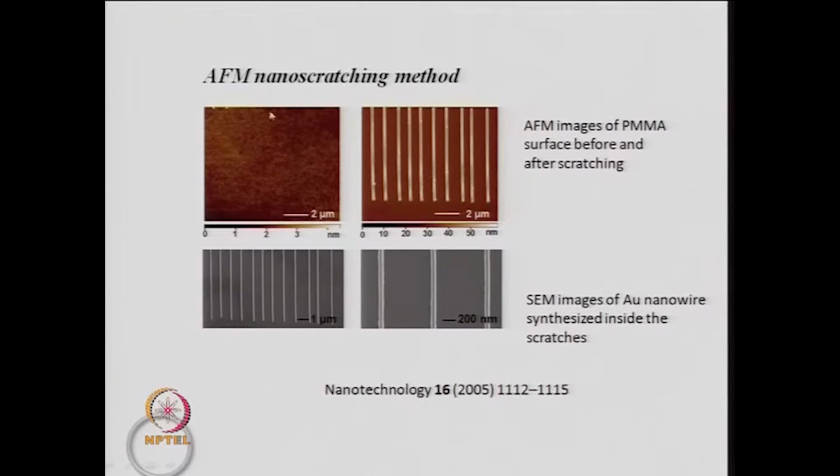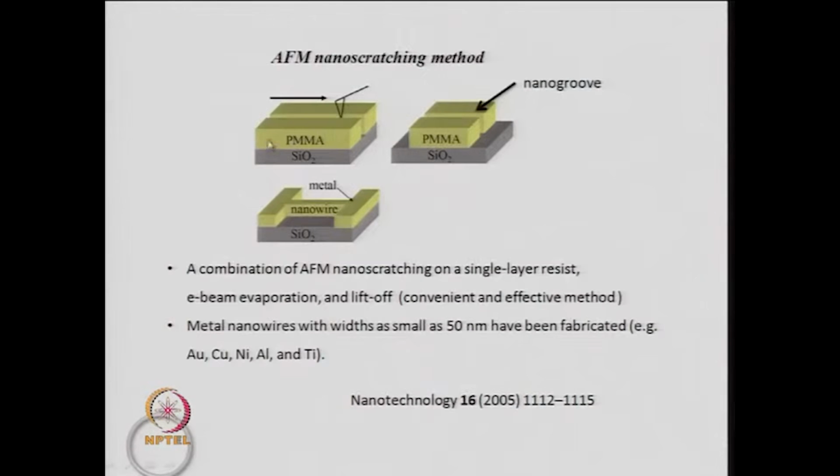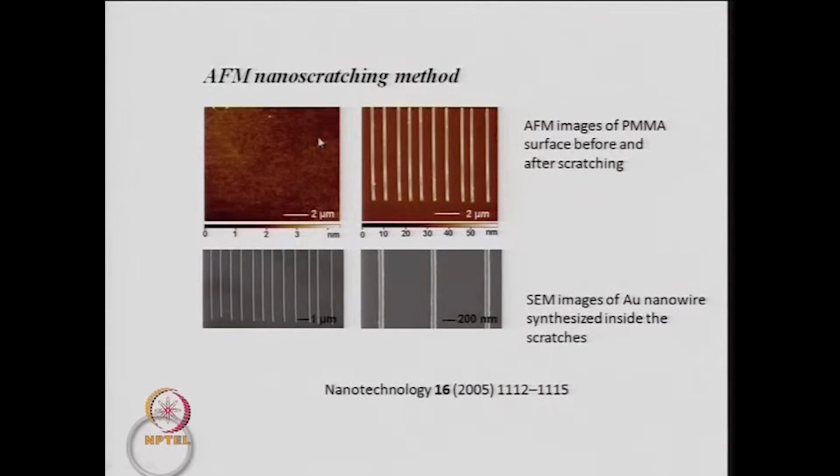So, this is the top surface, this is the PMMA surface, the polymer on top of that is seen here in a picture which is a typical AFM picture, and then you make the AFM scratches. So, these scratches are seen on the AFM picture, and then you can put your nano, say here it is gold nanowire.